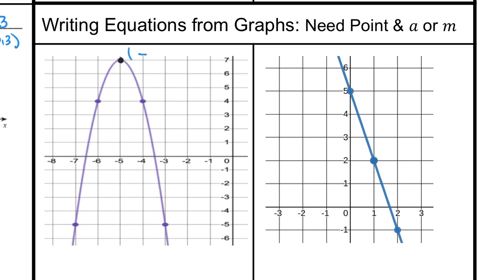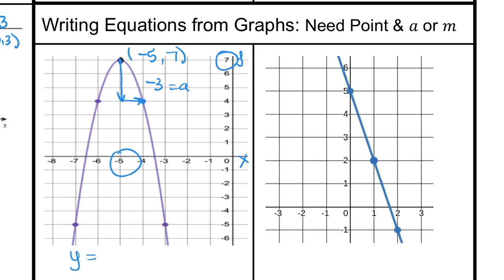That point is -5 because that's on the x-axis, and on the y-axis we're at 7. So -5 comma 7, and then between the first jump, you're going down 3, so that's our a value. So I can just plug that into our equation.